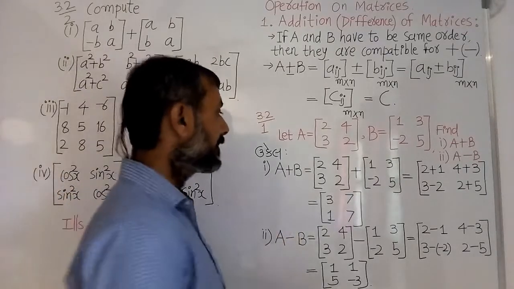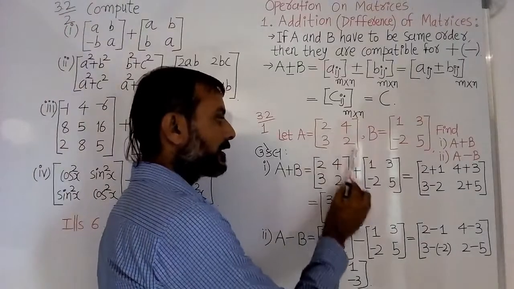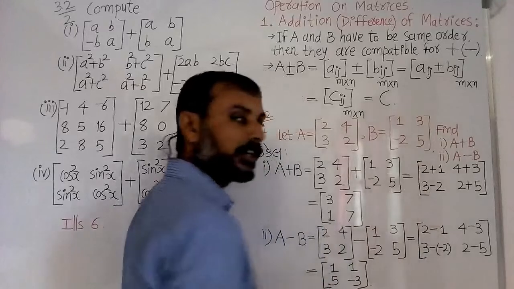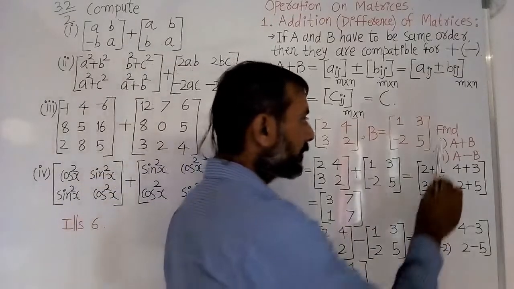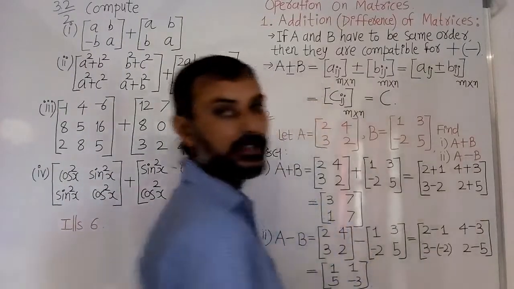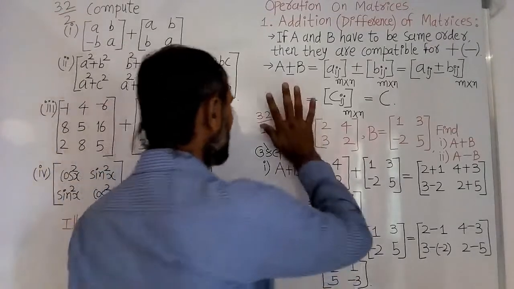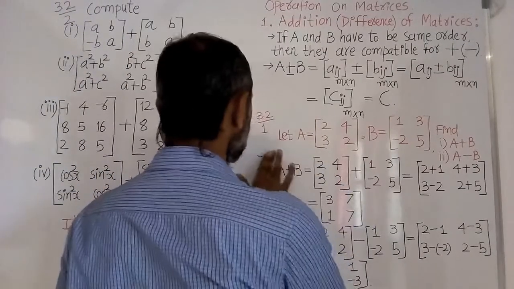Matrix A has order 2 by 2, matrix B order 2 by 2. Find A plus B, A minus B.